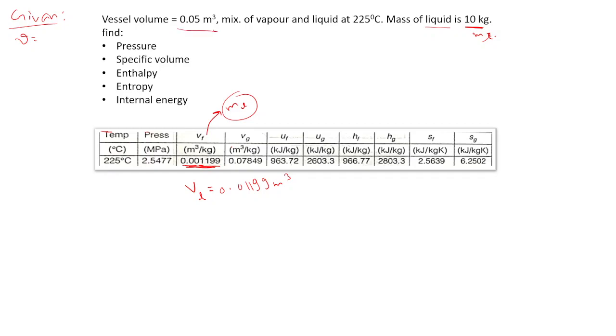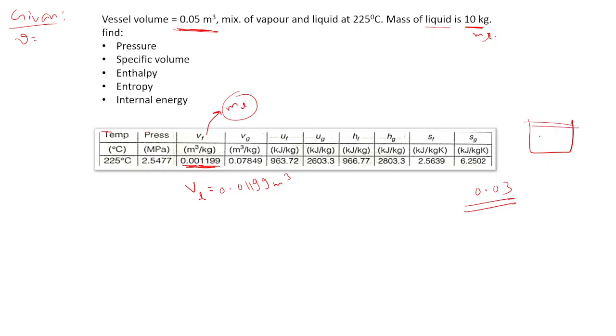So if it is less than this, then... My meaning is, if we multiply this and this, and the vessel volume is this, and its value becomes less than this, 0.03, then simply it is a complete liquid, right?